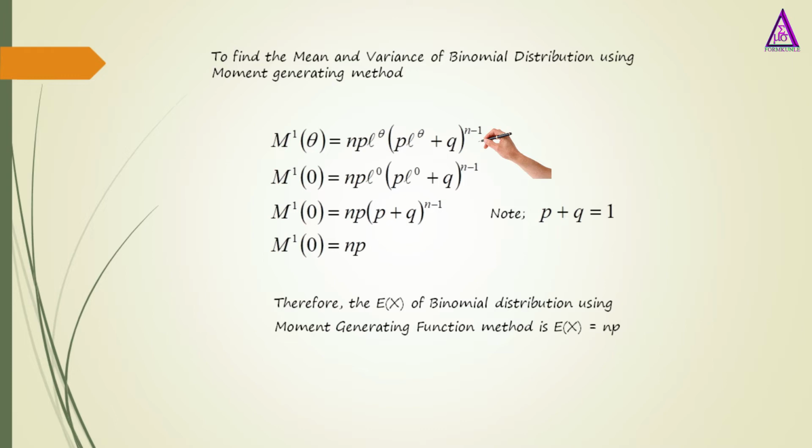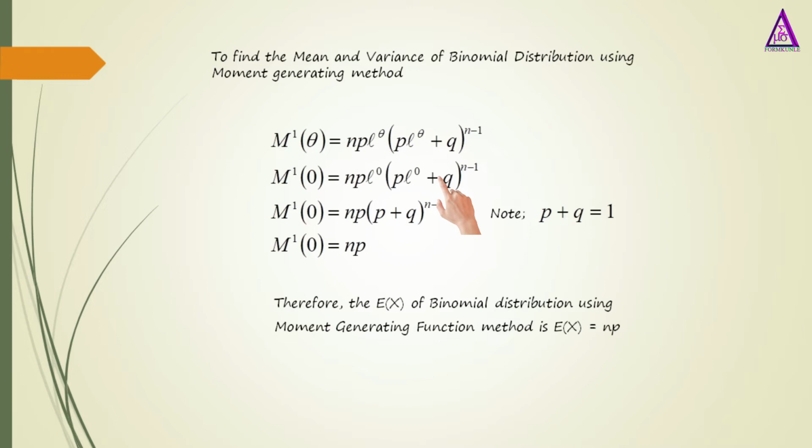e raised to power theta times (p e^theta plus q) all raised to power n minus 1, because we differentiate it once. Now let theta equal 0. When theta is 0, the equation gives us np e^0 times (p e^0 plus q) raised to power n minus 1.